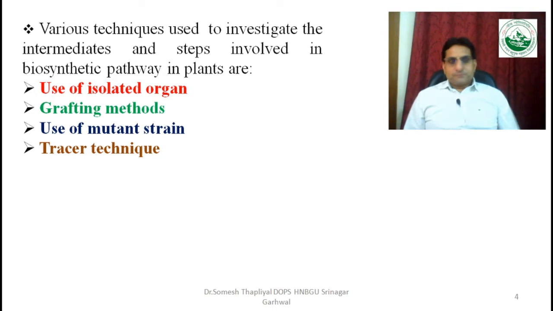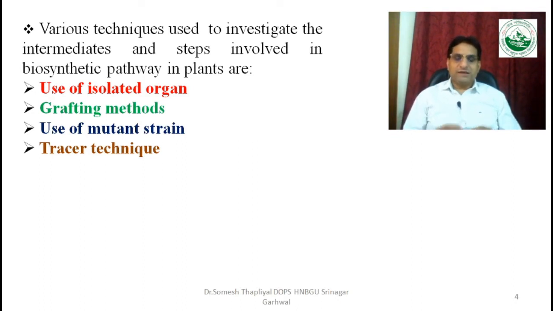So whatever intermediates and steps are involved in the biosynthetic pathway in plants can be determined with the help of isolated organs, by grafting methods, by the use of mutant strains, and with the help of the tracer technique.